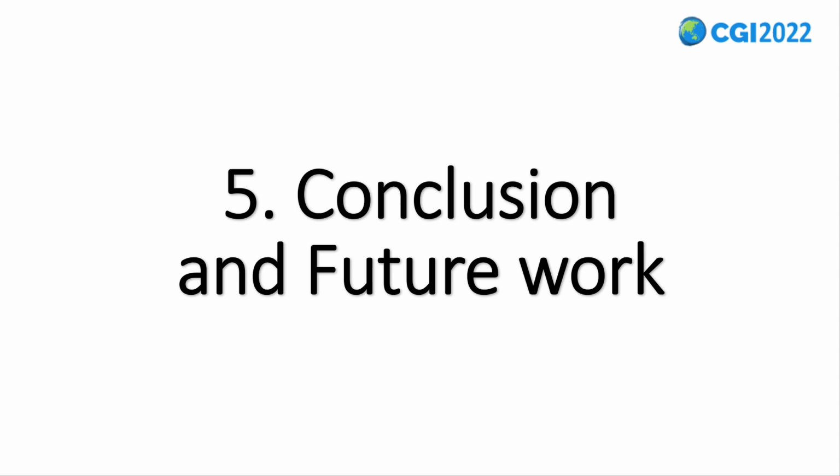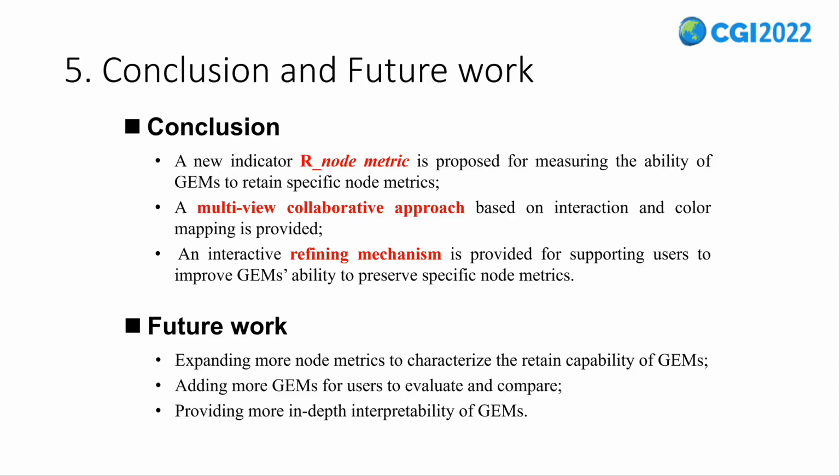So, in conclusion, we present GEMvis, the visual analysis system for the interactive and interpretable comparison and refinement of GEMs. In GEMvis, a new indicator, R-node metric, is proposed for measuring the ability of graph embedding models to retain specific node metrics.